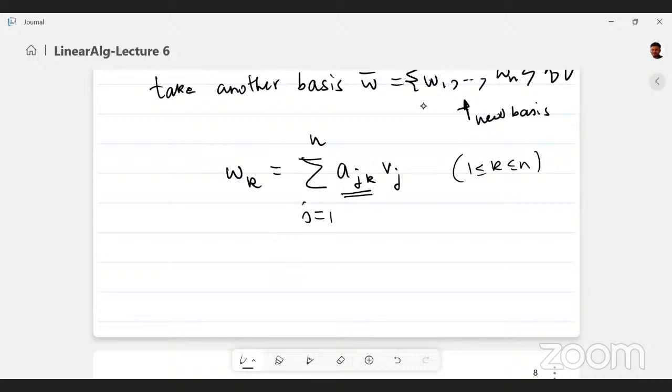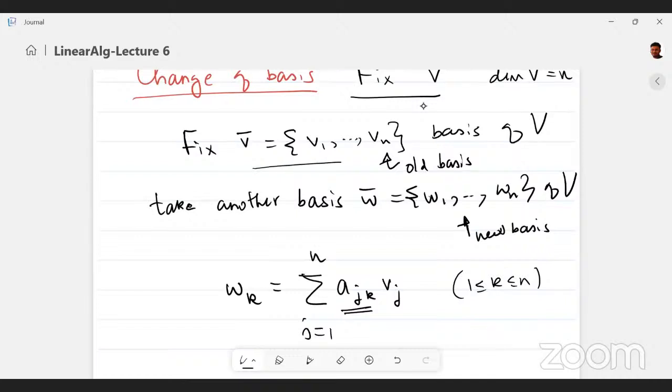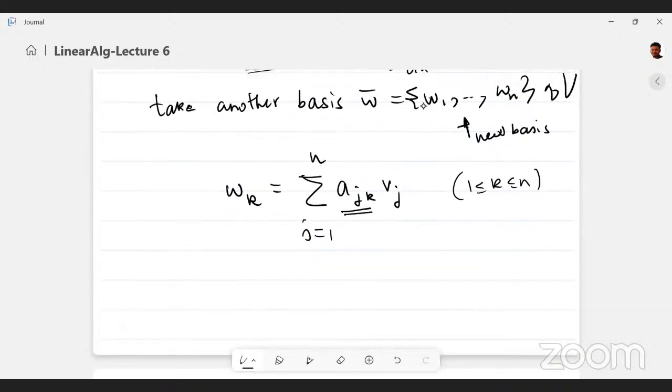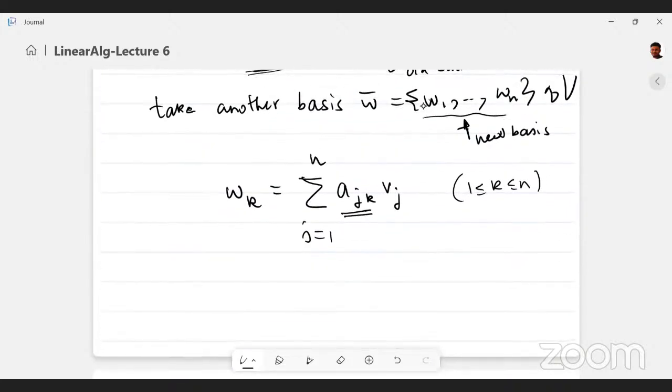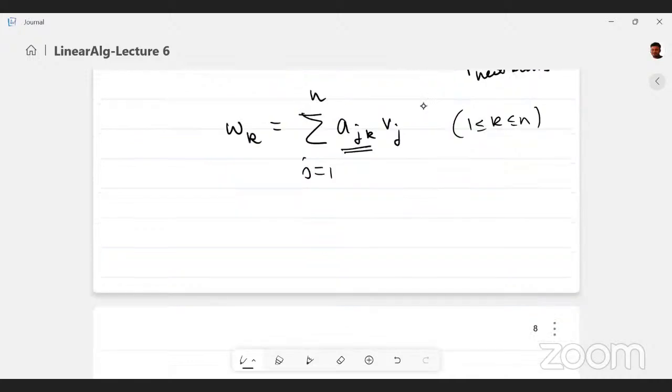This basis I have already fixed, for example you can take it to be the standard basis. Then you take another basis and write it in terms of the old basis, and you see that some scalars ajk are involved. Recording those scalars helps us get all the information about this new basis wk.